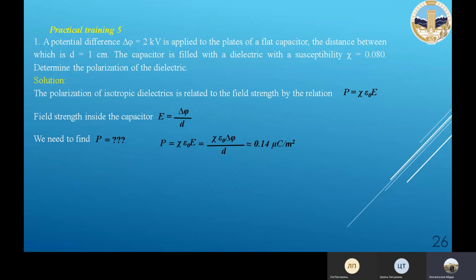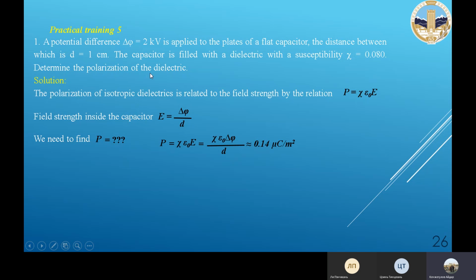Next, practical training 5. A potential difference of 2 kV is applied to the plates of a flat capacitor, the distance between which is 1 cm. The capacitor is filled with a dielectric with susceptibility 0.018.